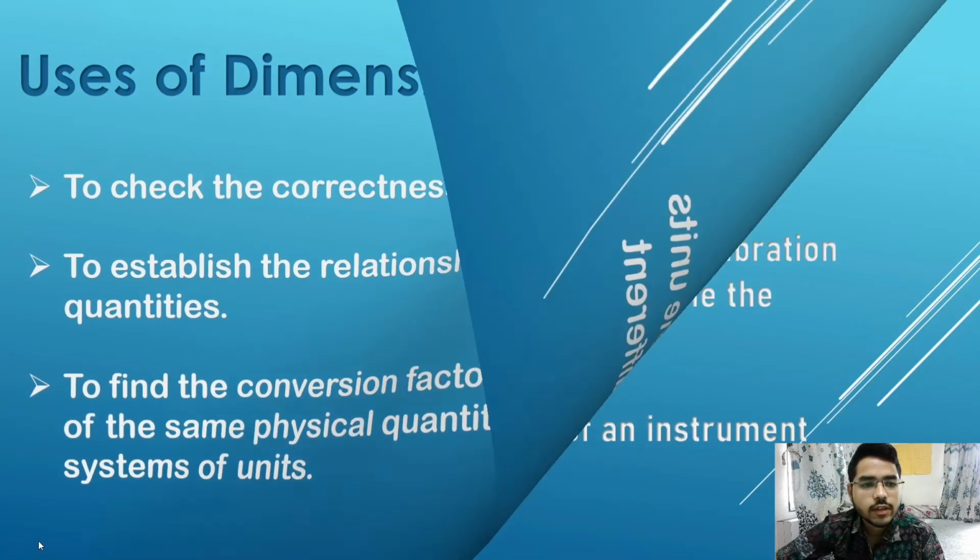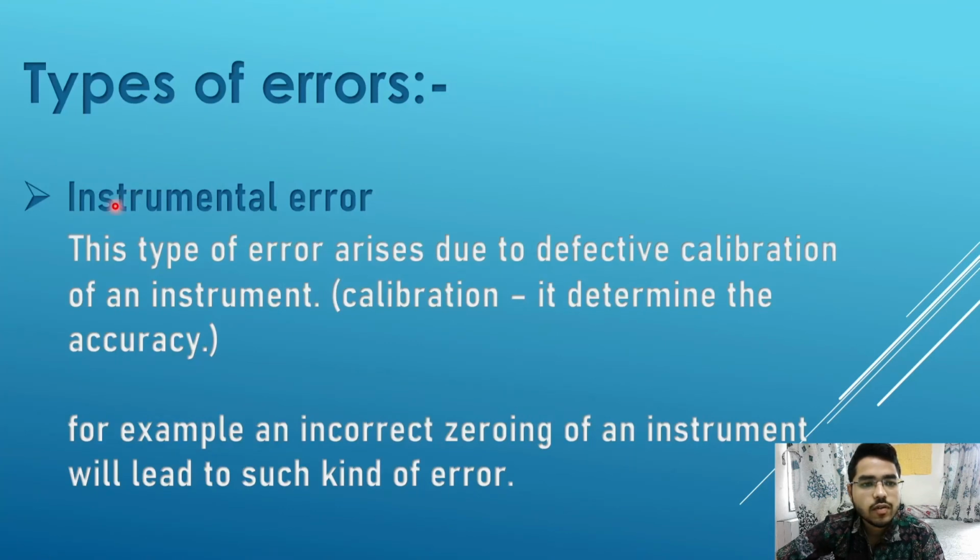Now turning to the next slide, types of error. There are usually three types. We're going to start with instrumental error. This type of error arises due to defective calibration of an instrument. Calibration determines the accuracy.